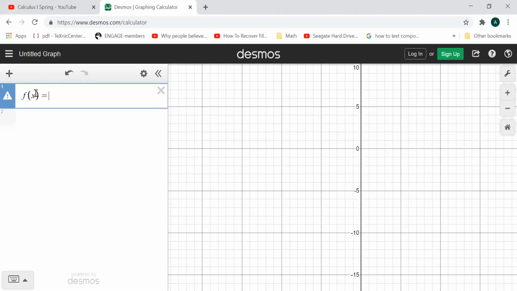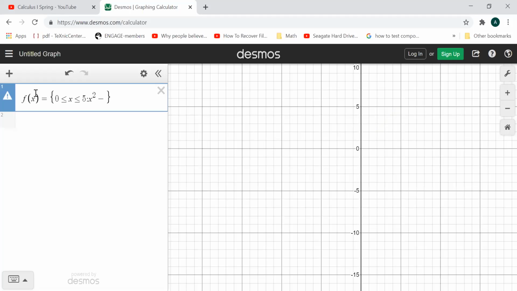But now, because we want the function to be defined on a smaller interval, I'm going to say 0 less than or equal to x, less than or equal to 5.